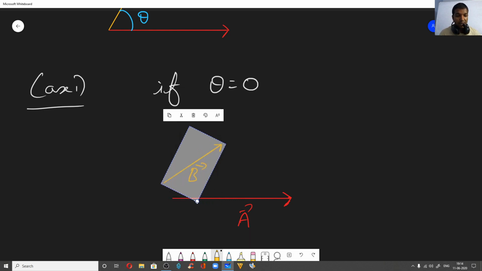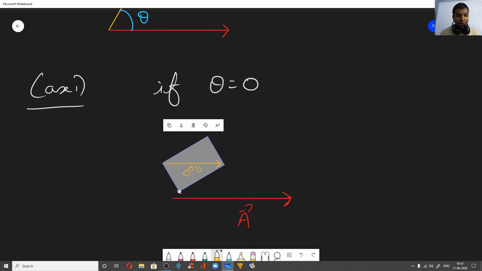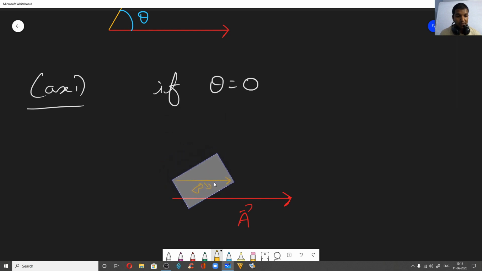So vector A and B are now in the same direction, like this. It feels like one is lying on the other. If they have the same direction, we call them like vectors. This can be called collinear vectors also.